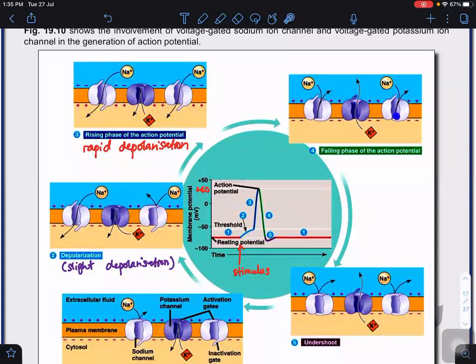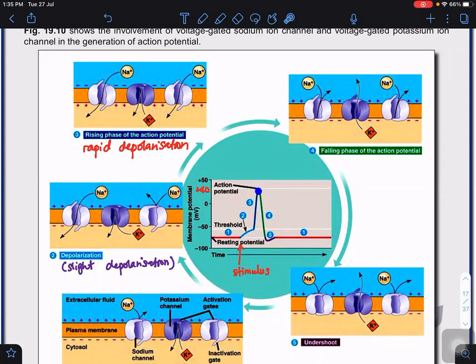But at the same time, can you see that voltage-gated potassium ion channels open? When they open, potassium ion moves out. When the potassium ion moves out, the inside of the cell loses positive ions, so it drops from positive to negative.